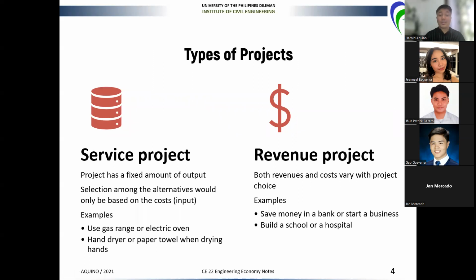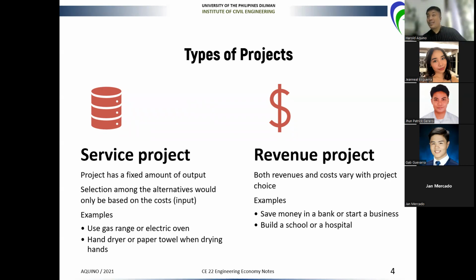And also recap, no, service projects with fixed amount of output, and the selection among the different alternatives will only be based on the costs or the input. For instance, for baking a cake, for your cake business, would you rather use gas range or electric oven?